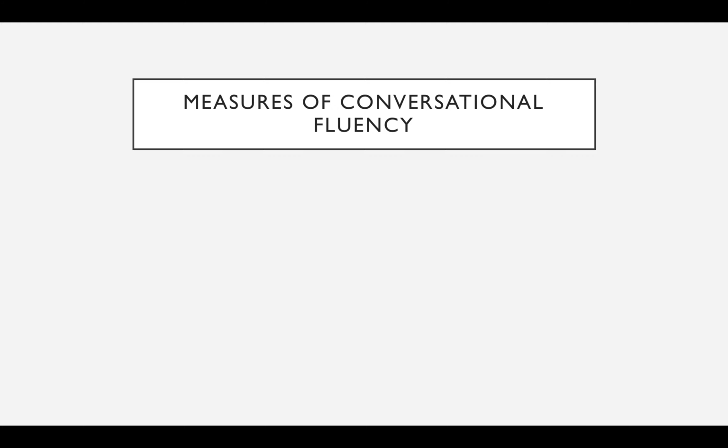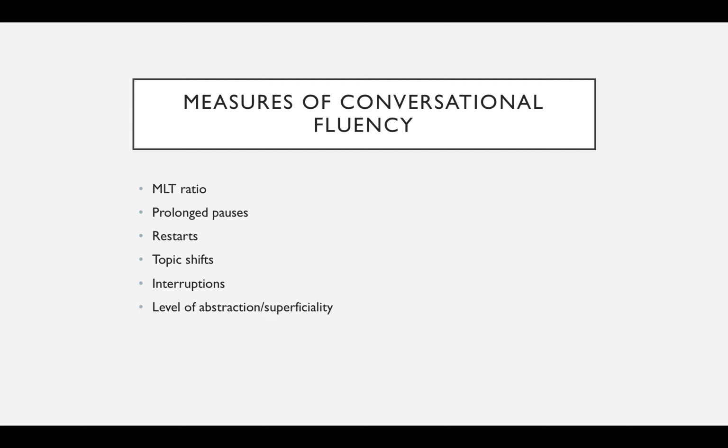So, a couple ways you can measure conversational fluency is through MLT rate, prolonged pauses, just measuring the amount of pauses in between speaking, the number of restarts someone has, how many topic shifts there are, how many times one person interrupts the other, and then the level of abstraction and superficiality, so how detailed they are in their speaking or if they're being very superficial.